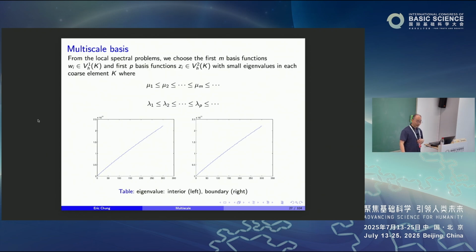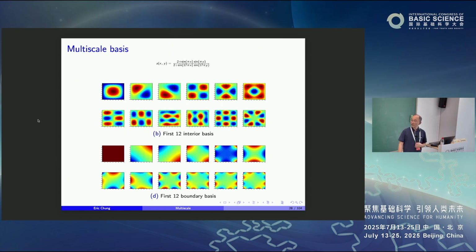For both of these spectral problems, we can arrange the eigenvalues in increasing order. The idea is to pick up the first few eigenfunctions as basis. Here I just show a few figures. This is the kappa that we use, and we look at the first 12 eigenfunctions for both V1 and V2.